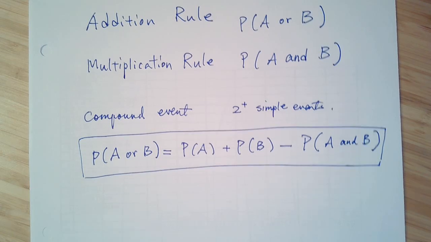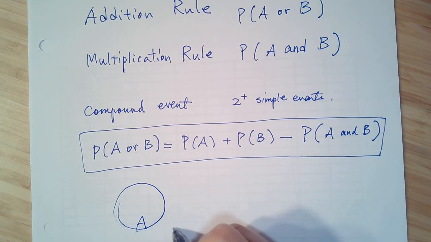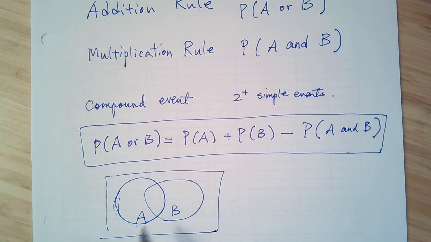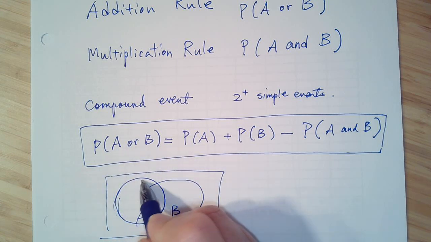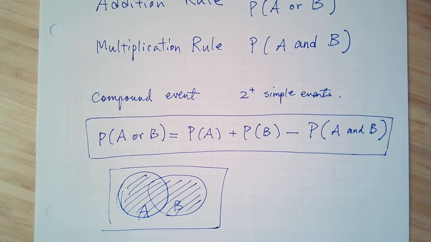In a Venn diagram, we have this is A, this is B, and this is the total space. So A or B is this whole region.